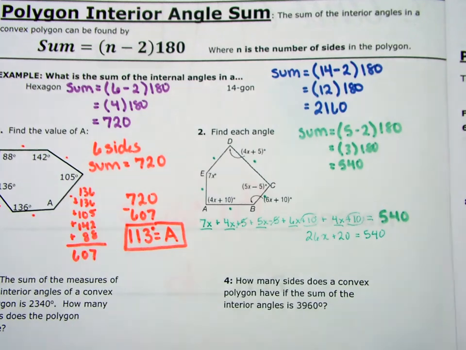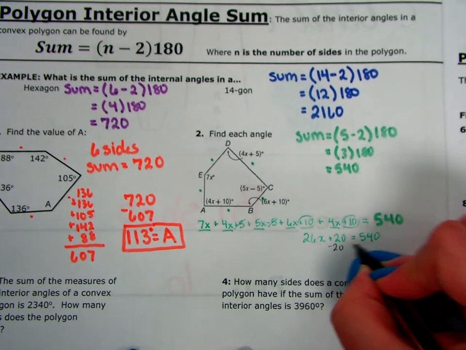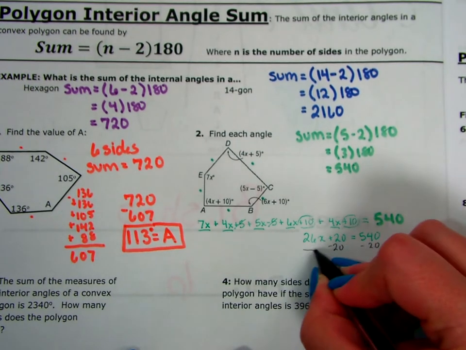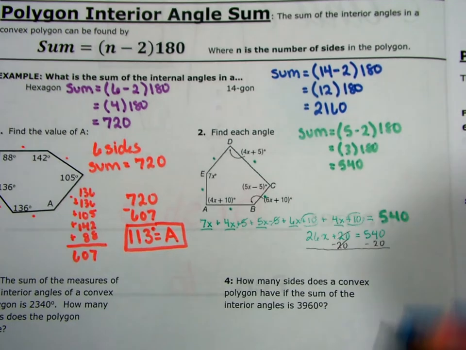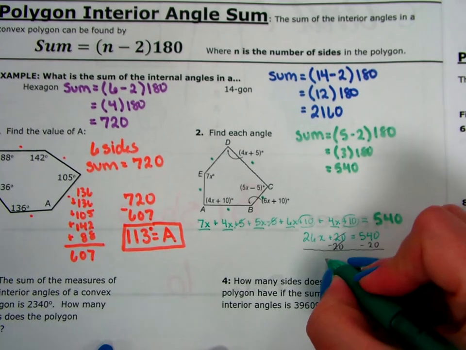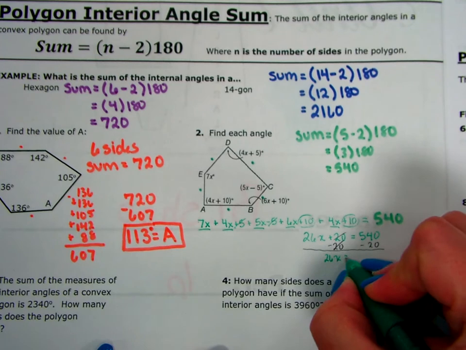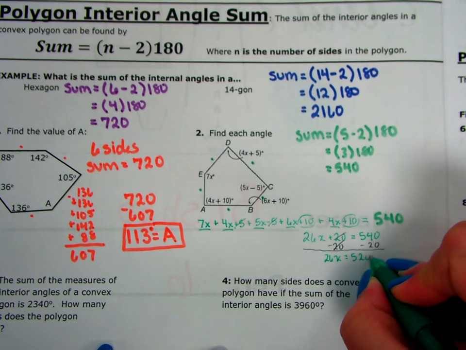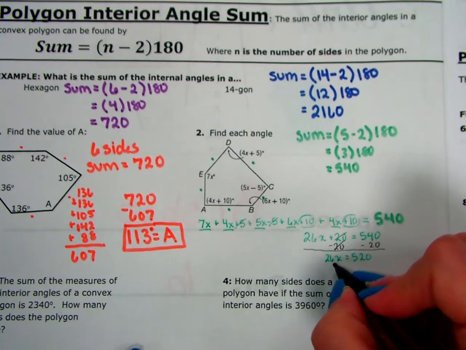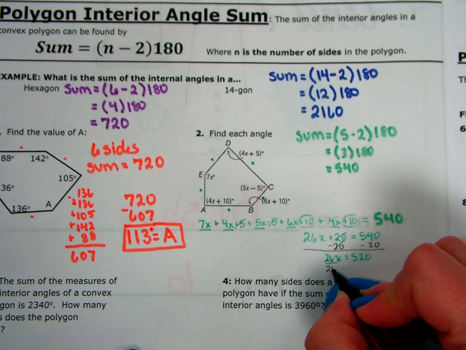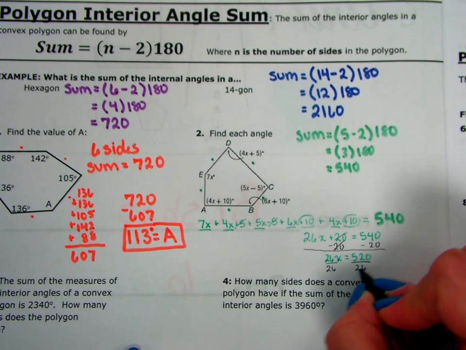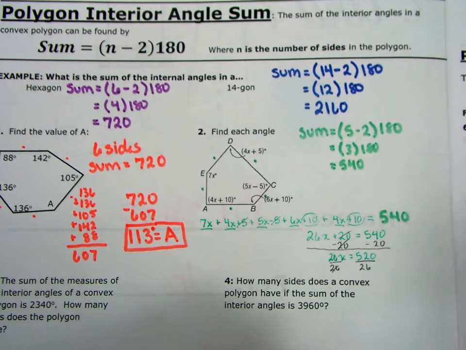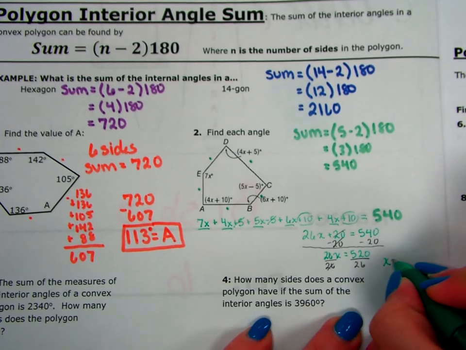Subtract the 20 from the 540. Let's do it on both sides. Yep, subtraction property of equality. Leaves me with 26x equals 520. 520 divided by 26, and you'll get 20. So x equals 20. That's not my answer though.